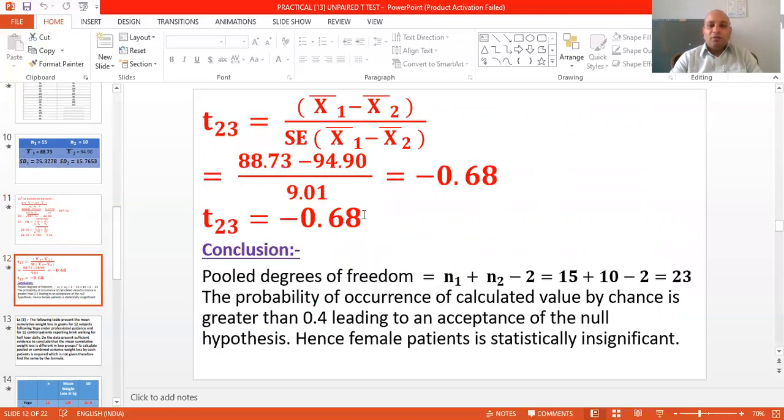Then t23 is minus 0. Then conclusion: pooled degrees of freedom n1 plus n2 minus 2 is equal to 15 plus 10 minus 2 is 20. The probability of occurrence of the calculated value by chance is greater than 0.4, leading to an acceptance of the null hypothesis. Hence, the difference between female and male patients is statistically insignificant.